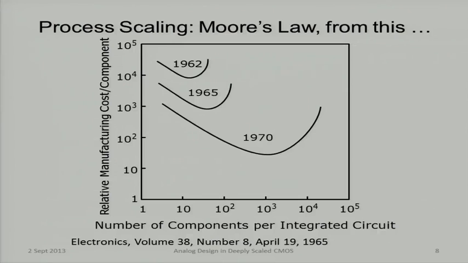If you had too few components per chip, the price was high because you have overhead. You have bond pads, other stuff you have to get in there. On the other side of the curve, if you have too many components, yield becomes problematic. And again, the cost goes up. And so in any given technology, there's a sweet spot. And then the magic of Gordon Moore's observation was the sweet spot goes up over time.